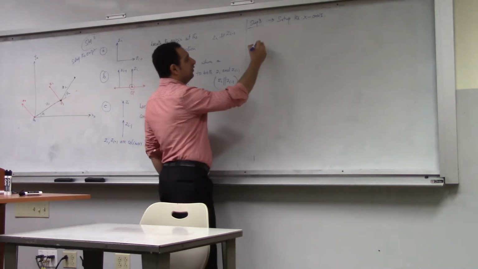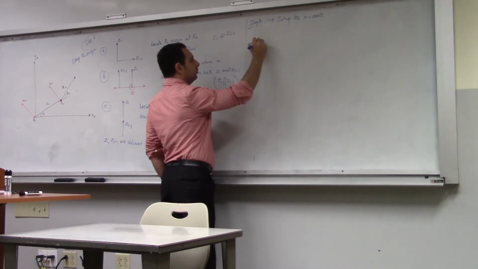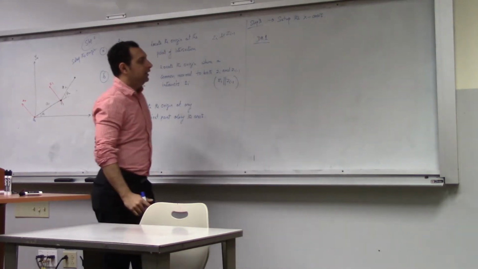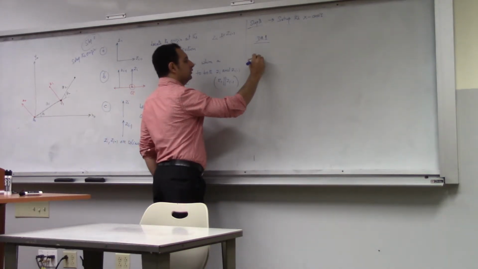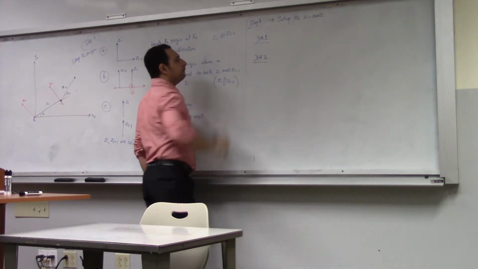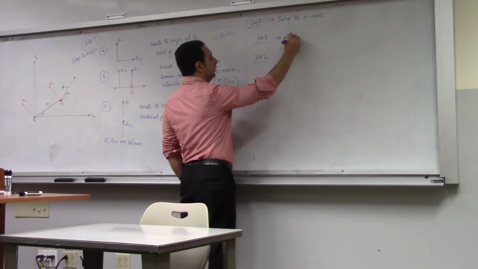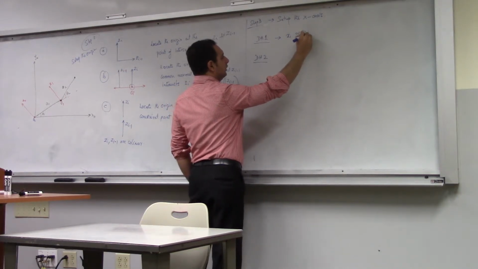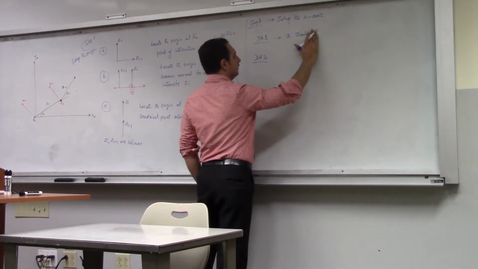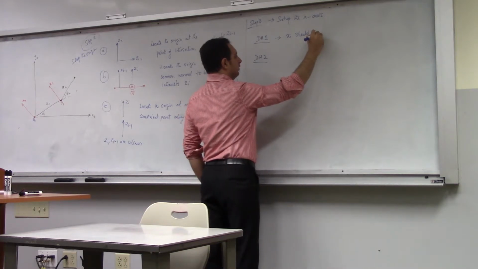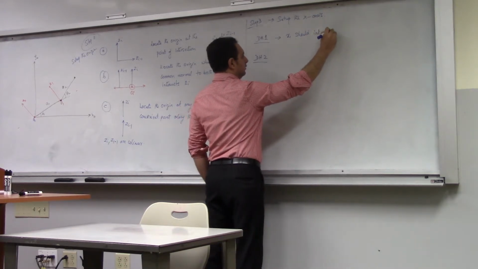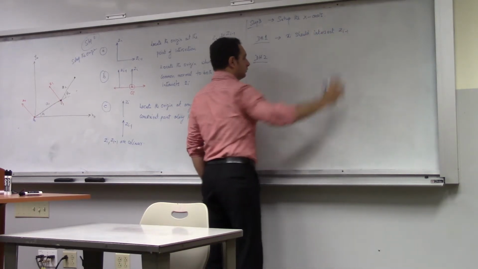What we'll do is, we have 2 rules that we always have to keep in mind. 2 rules that guarantee the uniqueness of the DH transform, okay? The first one is, xi should intersect zi minus 1.